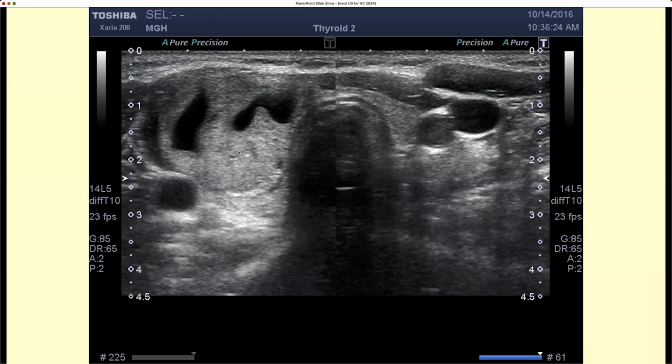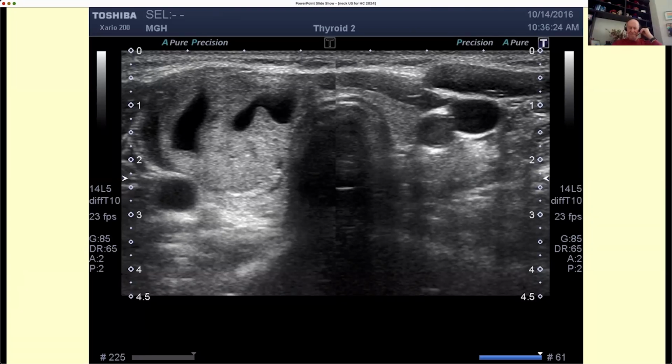It's isoechoic, partially cystic. Isoechoic partially cystic, perfect. And why do we call it isoechoic? The density appears similar to the surrounding tissue. Right, so what this tells you is that it's similar to the surrounding tissue, and most likely this is because it has the follicular structure preserved.